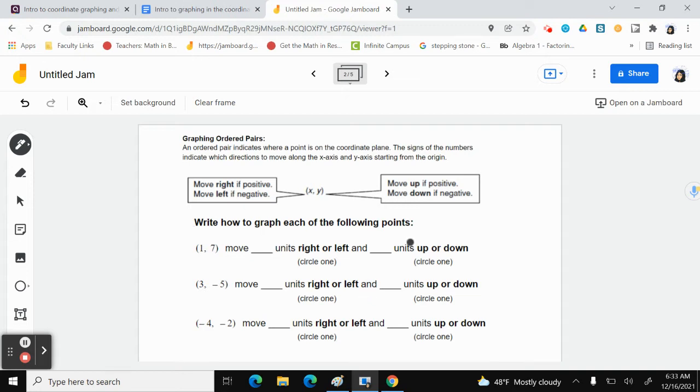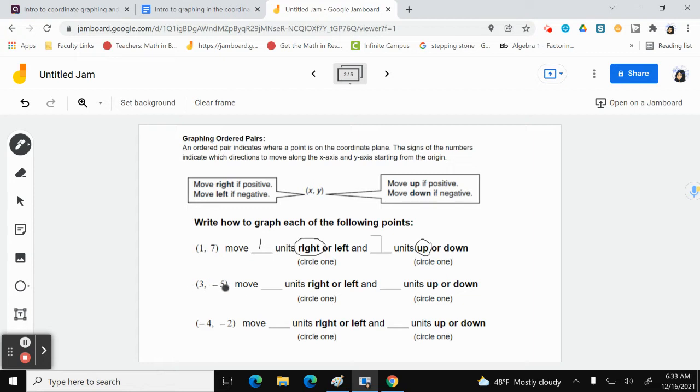So let's just see how we would graph the following points, okay? So if I had the point (1, 7), I would move 1 unit right, because my x-coordinate is a positive 1, and I would move 7 units up, because this is another positive value.